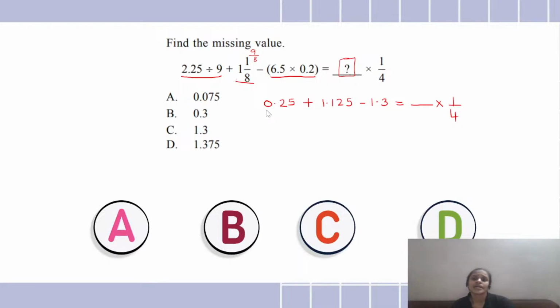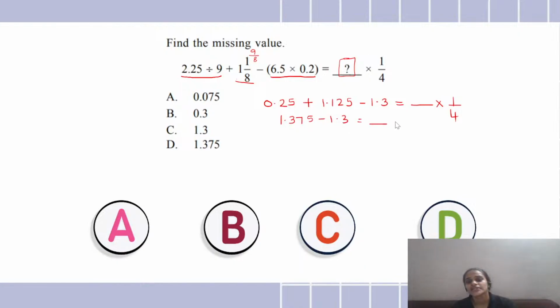Now I simply have to add and subtract these numbers, which finally gives me 0.25 plus 1.125 equals to 1.375 minus 1.3.